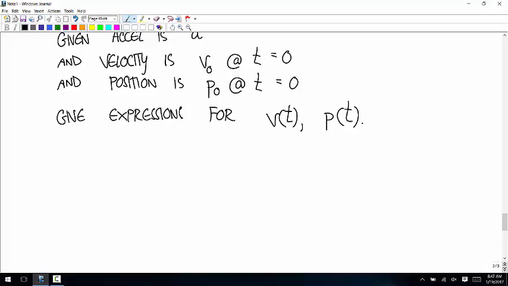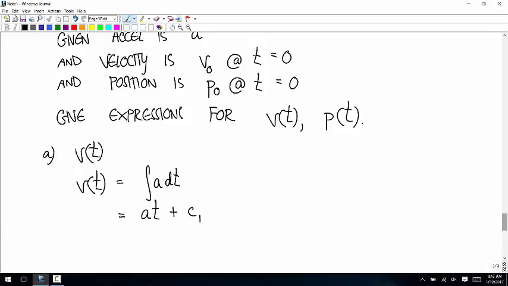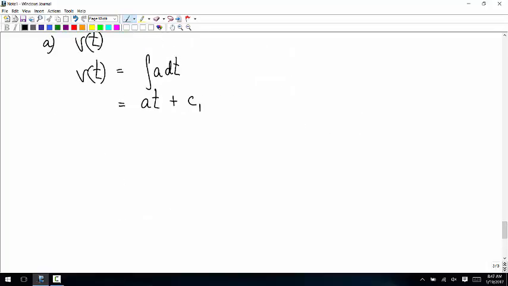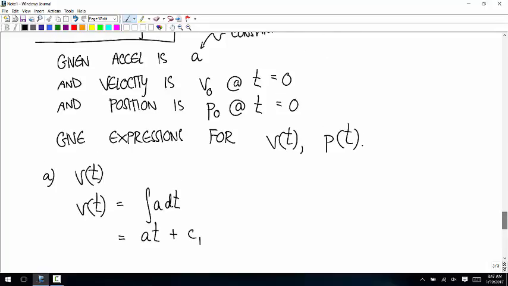Okay, so first I'll do the velocity. We know that the velocity is the integral of the acceleration. a is a constant, so that's at plus c1. Our boundary condition says that when time is equal to 0, the velocity is equal to v sub 0.